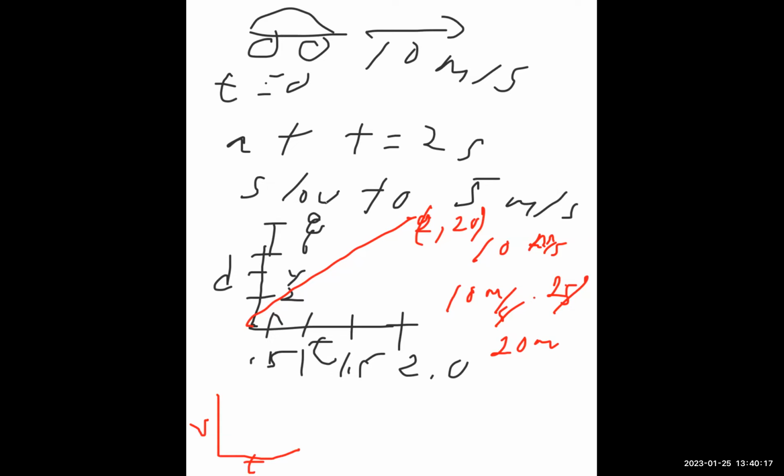So our acceleration looks like this. Our velocity is 10 meters per second over the amount of time, but it didn't change. So our acceleration curve, it's constant. The slope is 0.